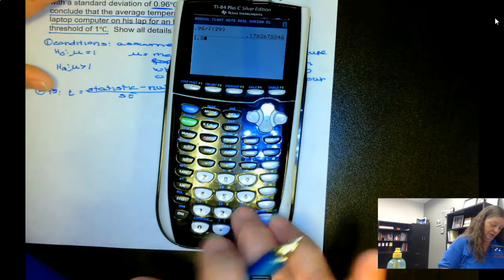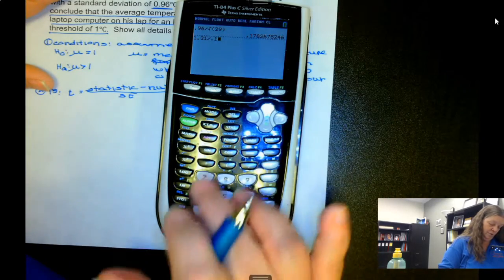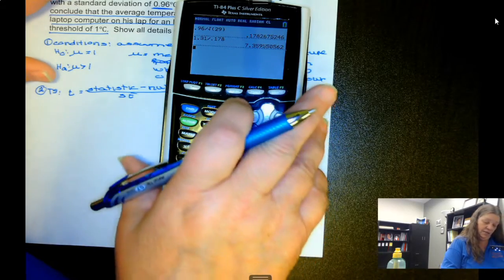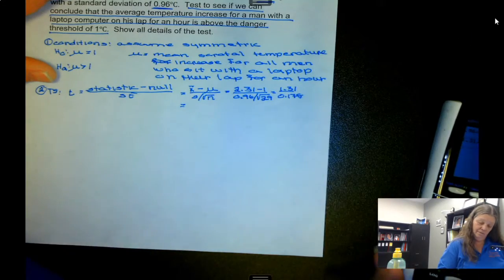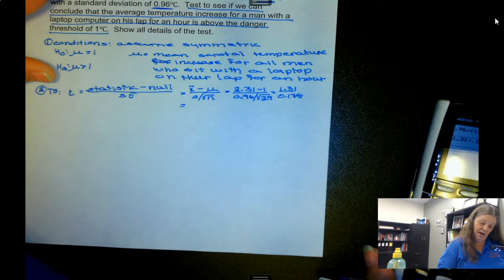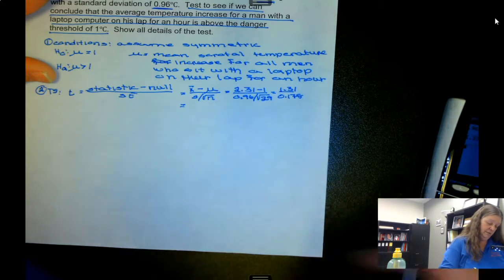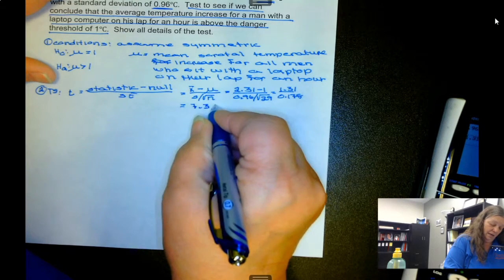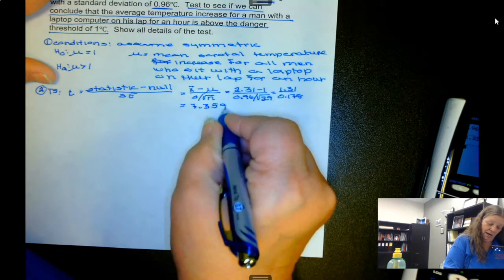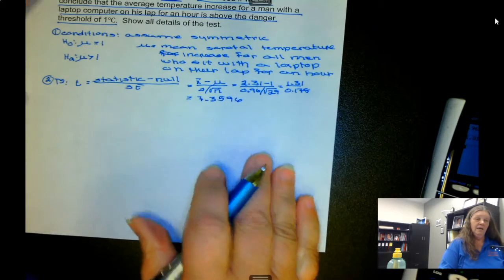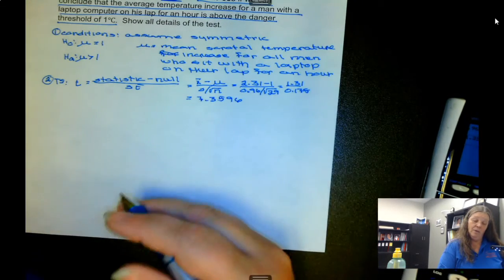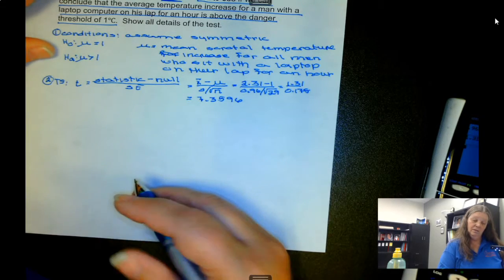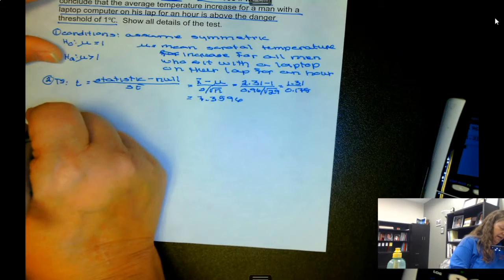And 1.31 divided by 0.178 gives us 7.3596. So this is the number we're going to use to find our p-value.